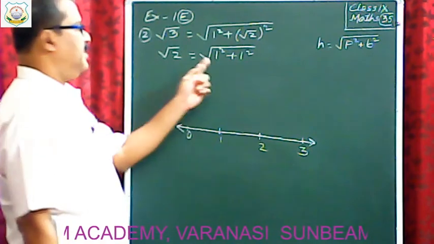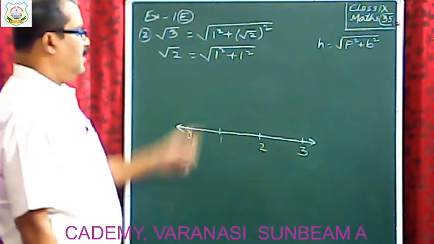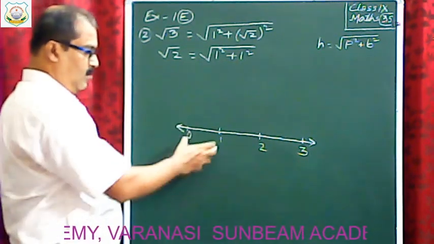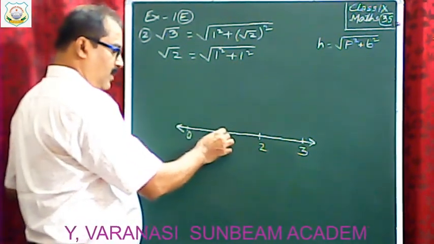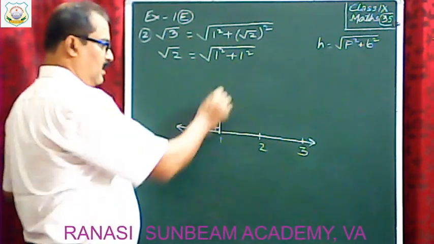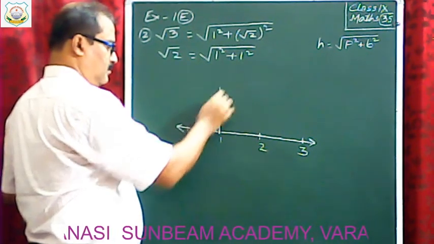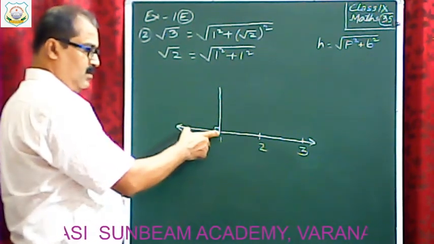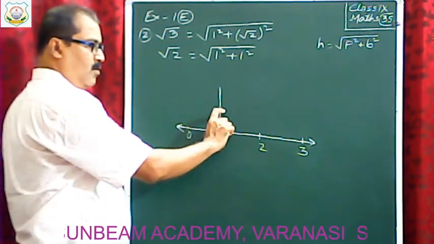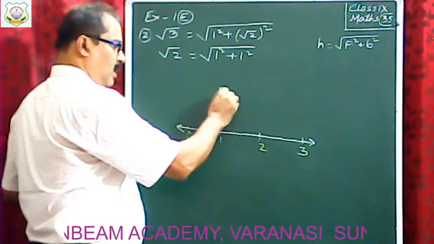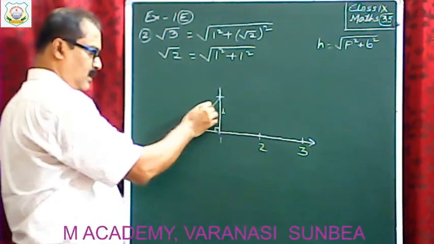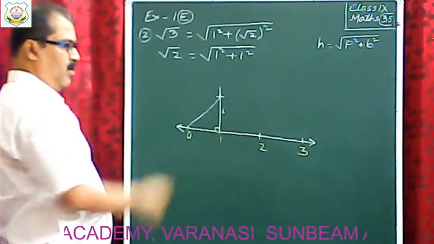So first of all you have to represent square root 2 on the number line. One is base and another one is perpendicular. Taking 1 unit as base, draw a perpendicular from the point 1, and thereafter using compasses measure the length of 1 unit from the point 1. Mark 1 unit on this perpendicular and join that point of intersection to the point 0.